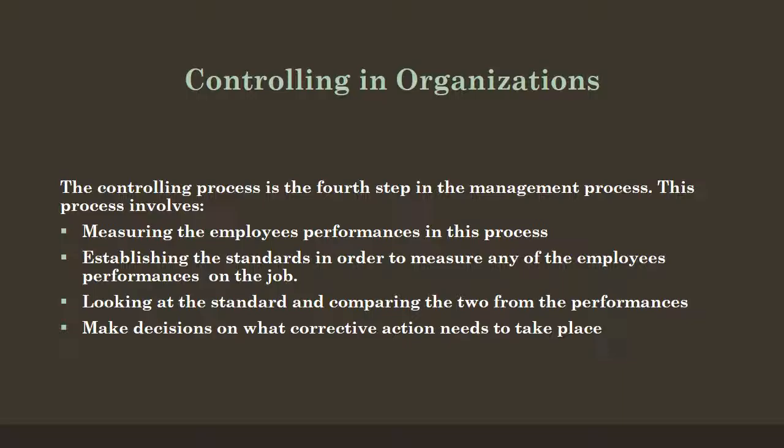This process involves measuring employees' performances, establishing the standards in order to measure any of the employees' performances on the job, looking at the standards and comparing the two from the performances, making decisions on what corrective action needs to take place, establishing the standards of the performances being measured.